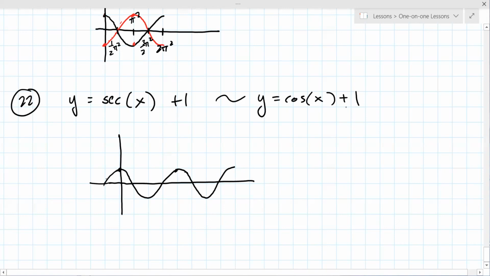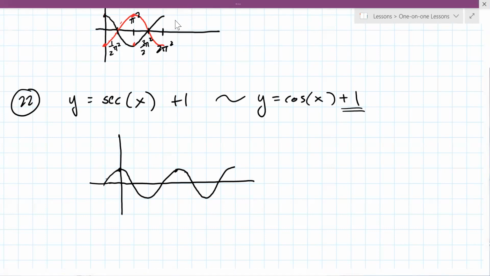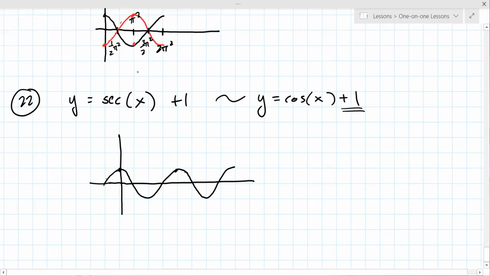The plus 1 shifts this thing up 1 unit. So everything is going to go up 1 unit. I'm going to use blue here. So this point comes here, this point comes here. See how everything just moves up 1 unit? It's the same thing, it just goes up 1 unit. Now, we're not graphing cosine though, we're graphing secant, but this is the graph of what a cosine does.